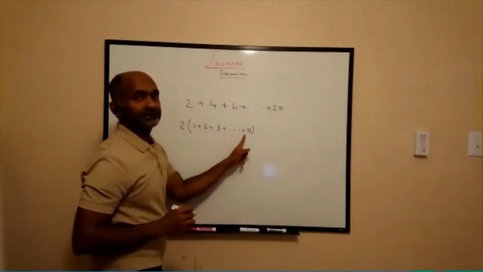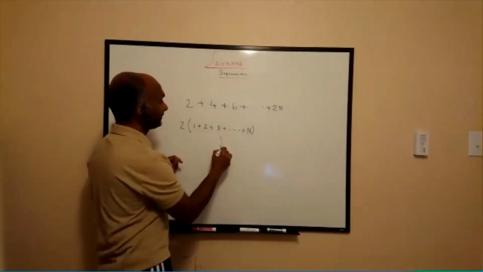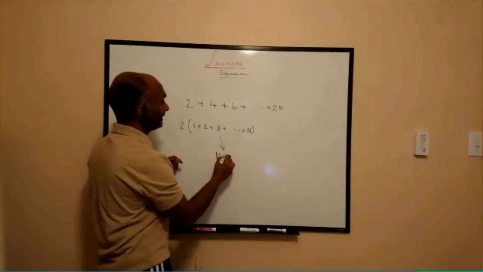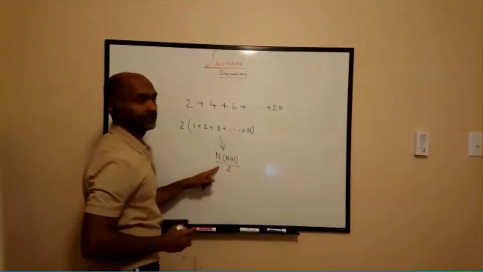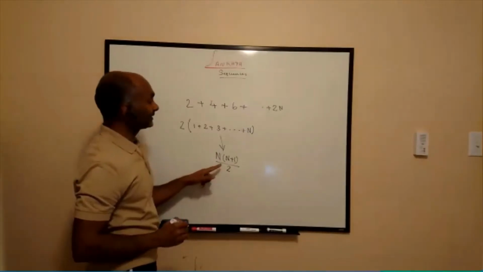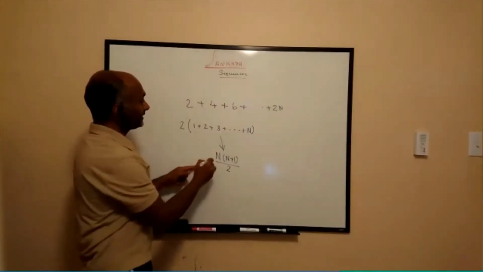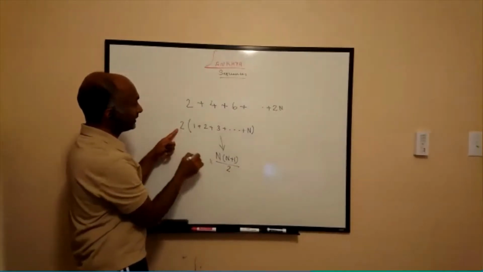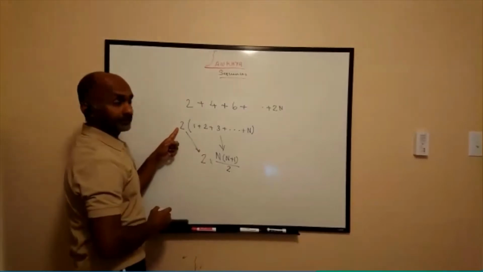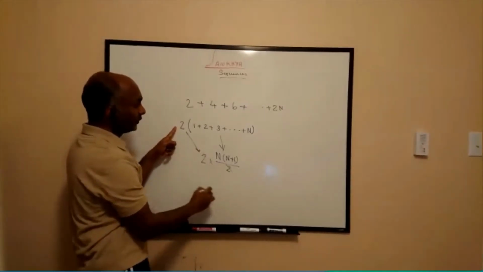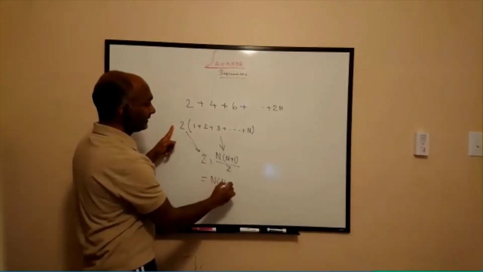We know the sum of this sequence, and the sum of this sequence is n times n plus 1 by 2. We learned this in the last class. So that's where this comes from, and then we multiply by 2 because this 2 comes here. So at the end, this 2 and this 2 go away. What you have remaining is n times n plus 1.